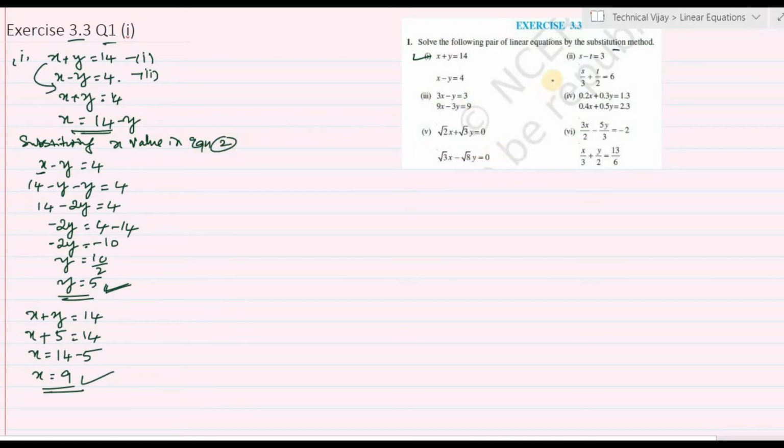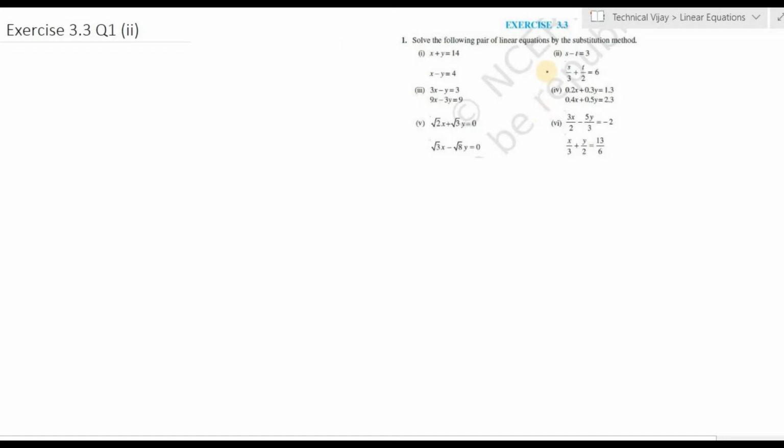So we will go for the second one, that is s minus t equal to 3 and s by 3 plus t by 2 is equal to 6. This is equation 1. This second equation we will simplify. Before simplification we will write the equation this way: s by 3 plus t by 2 minus 6 equal to 0.